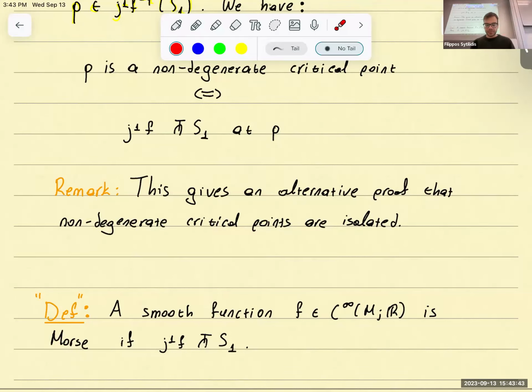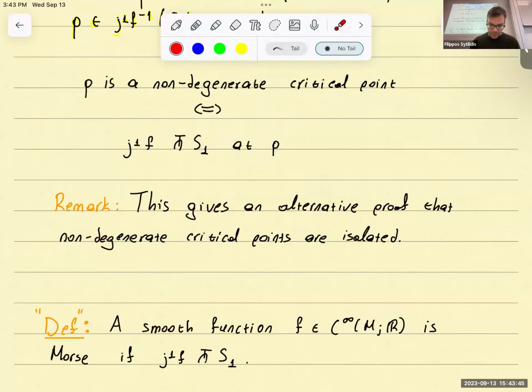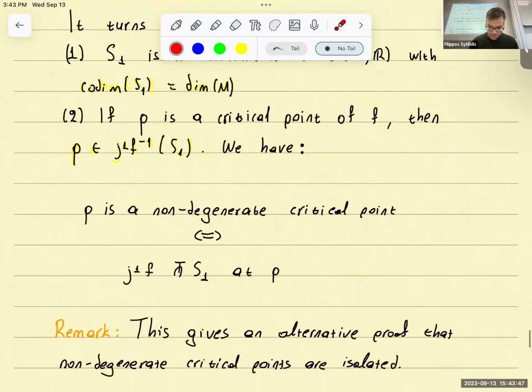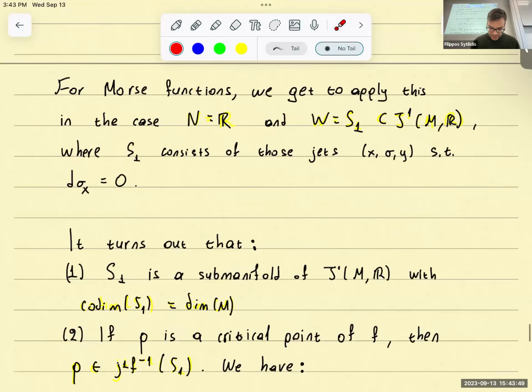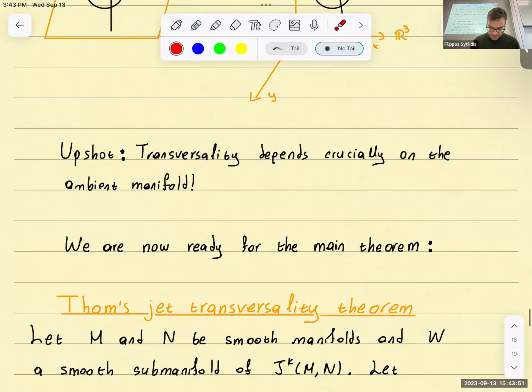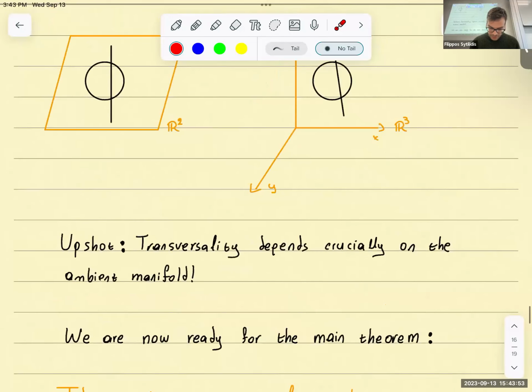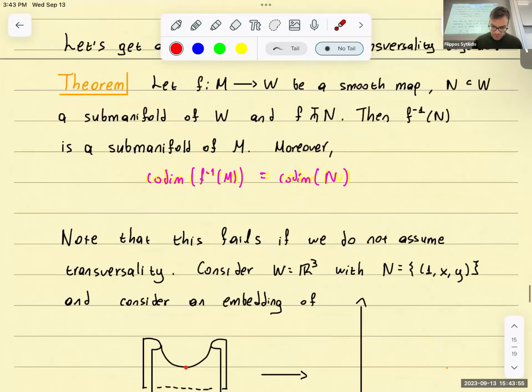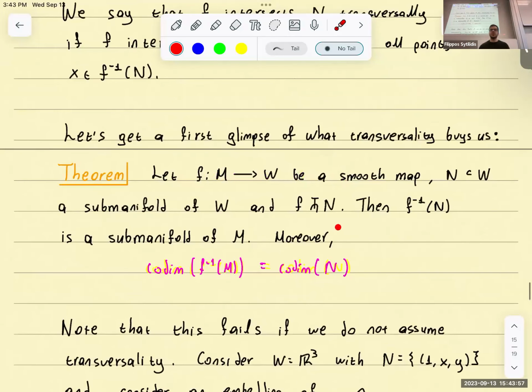The proof of the remark. Let me go back. Is that a theorem that you believe? I'm not going to give you the proof, but at least the statement makes sense.